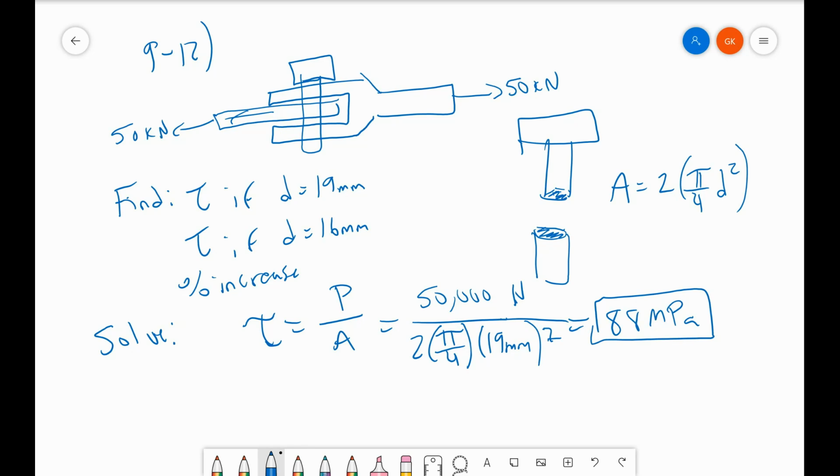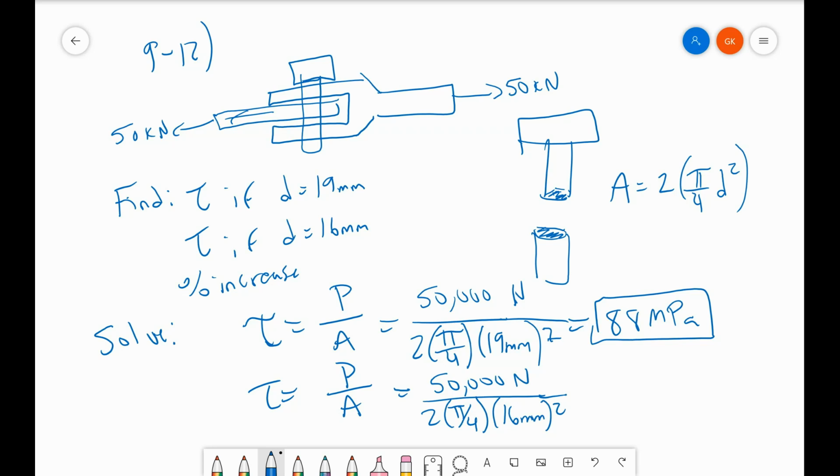The second part is to calculate it if it's 16 millimeters and see what the percent increase is. It's the same equation with the same load, but a different area. So I plug it in: 50,000 newtons over 2 times pi over 4 times 16 millimeters squared.